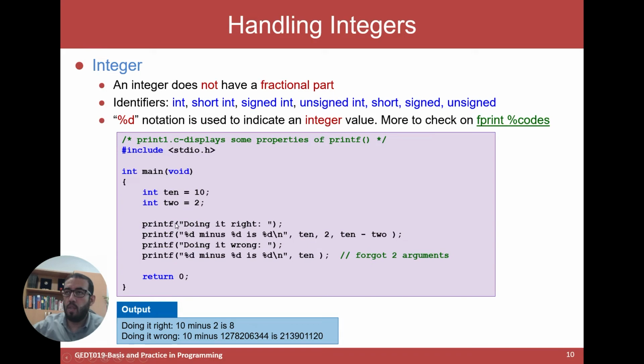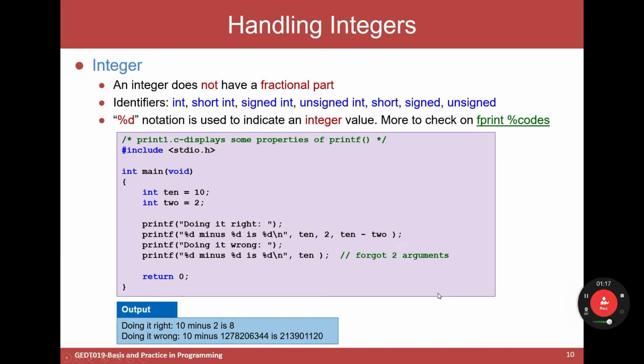The example in front of us shows how to define two variables: variable 10, which equals 10, and variable 2, which equals 2. This is simple. After that, there is how to print on the screen using printf.